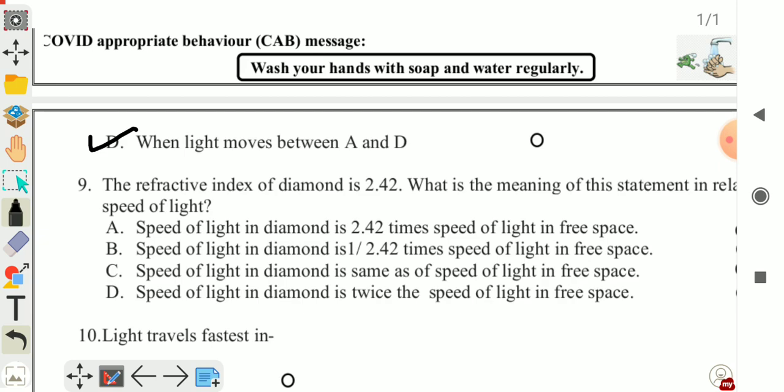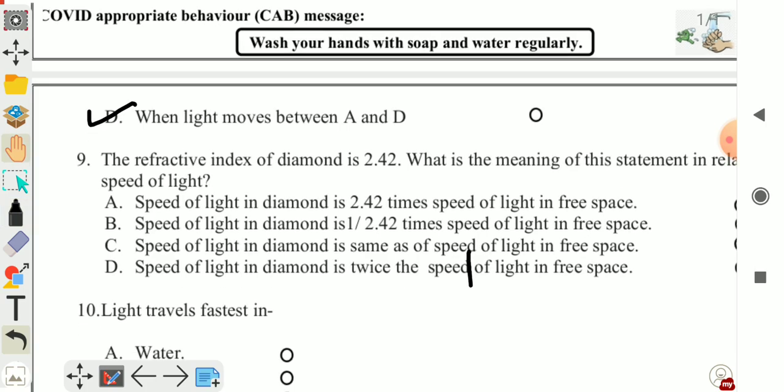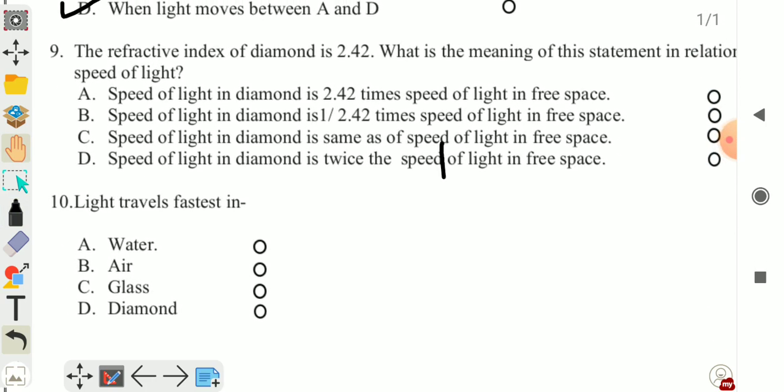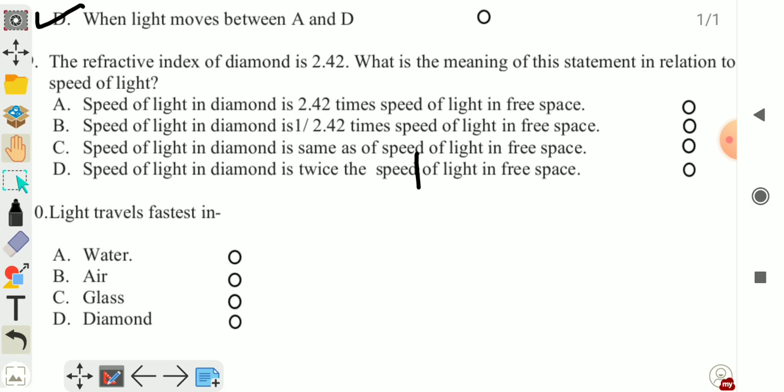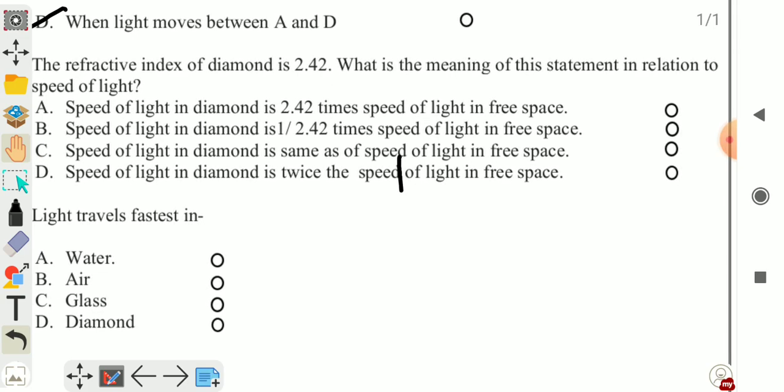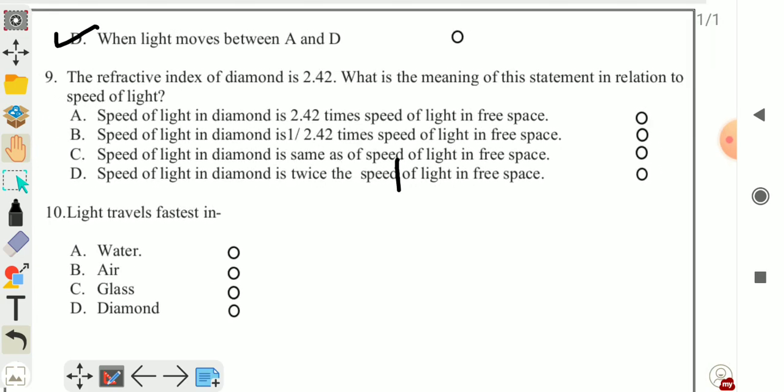Question number 9. The refractive index of diamond is 2.42. What is the meaning of this statement in relation to the speed of light? You have to choose the correct answer. A. Speed of light in diamond is 2.42 times the speed of light in free space.